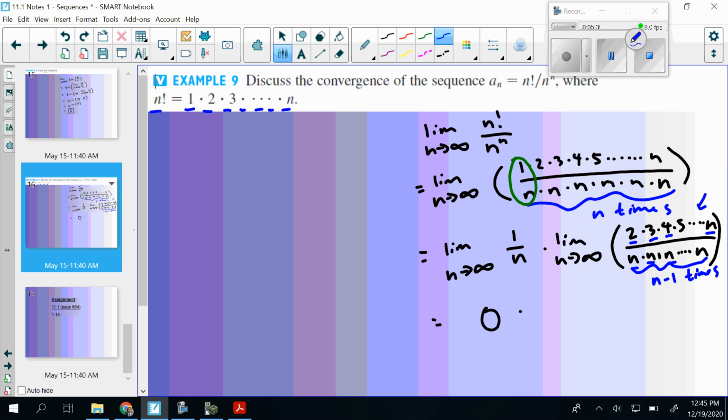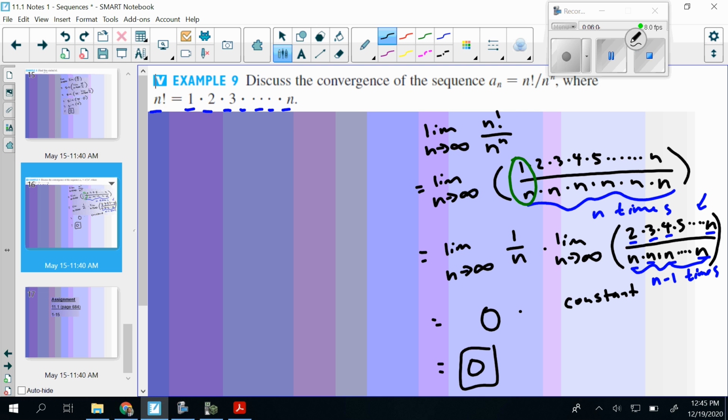So at most, when we have n over n, that's 1. So this value is some constant that is less than 1. So 0 times a constant means this evaluates to 0. So we know that this one would approach 0.